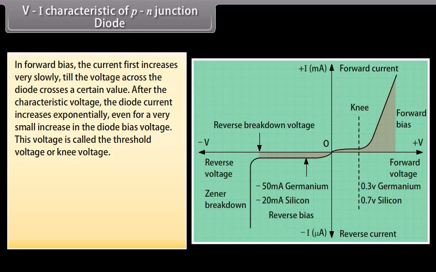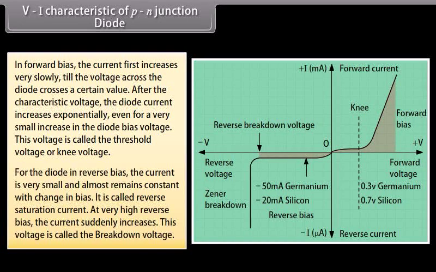This voltage is called the threshold voltage or knee voltage. For the diode in reverse bias, the current is very small and almost remains constant with change in bias. It is called reverse saturation current. At very high reverse bias, the current suddenly increases. This voltage is called the breakdown voltage.